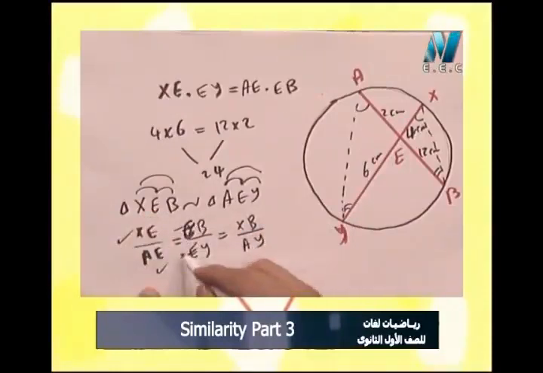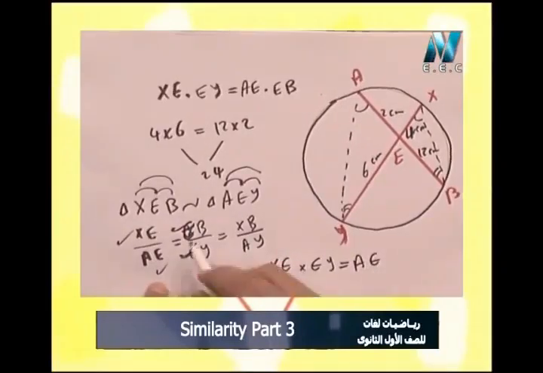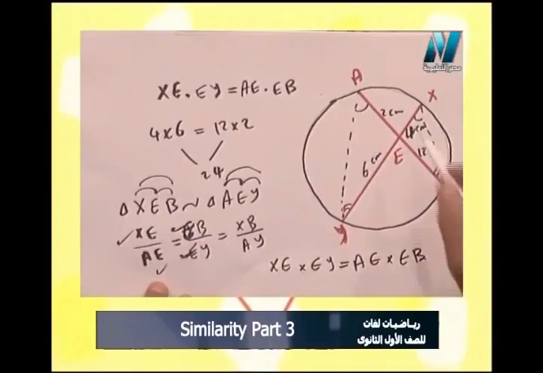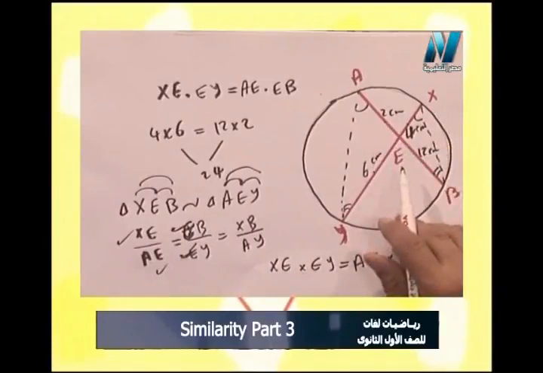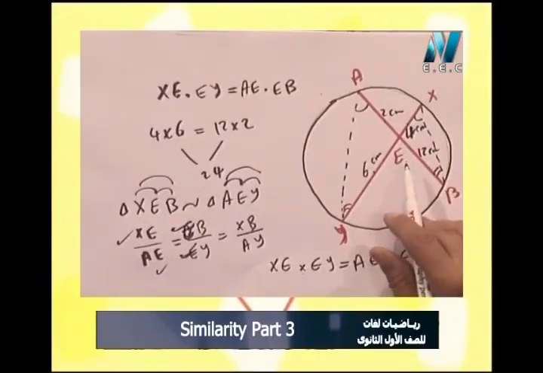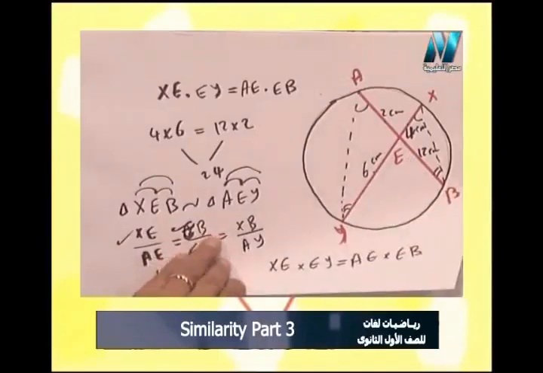And we will find that XE multiplied by EY equals AE multiplied by EB. So this part multiplied by this part equals this part multiplied by this part. That's from similarity. And we will discuss another part.